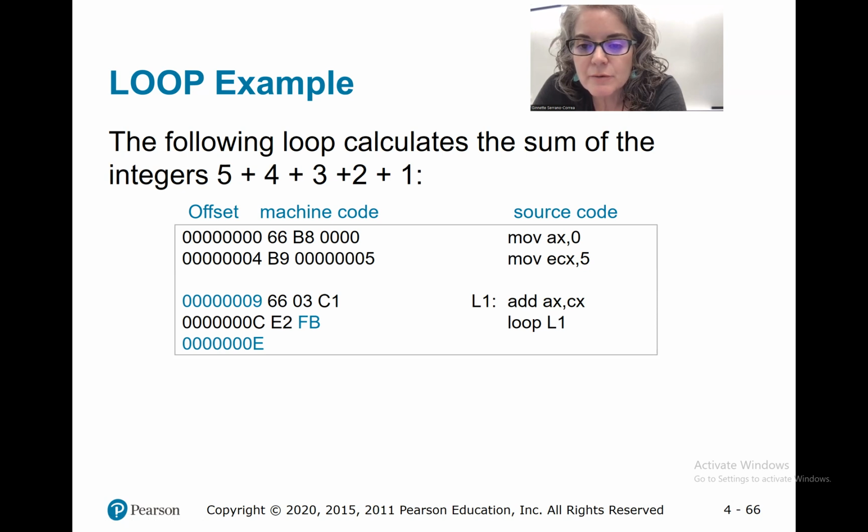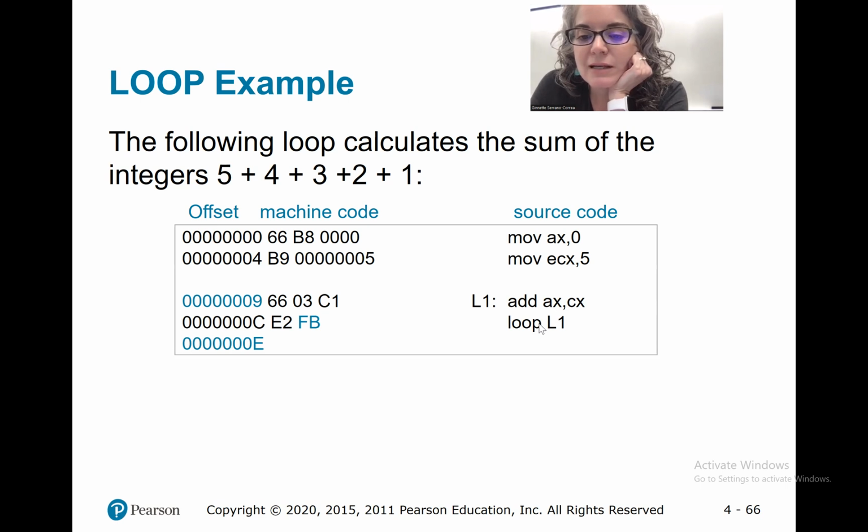So 5 plus 0 is 5. And then when it gets to loop L1, it decreases ECX to 4. 4 is not equal to 0, so it loops again, and it adds 4 to AX, so that's 5 plus 4.